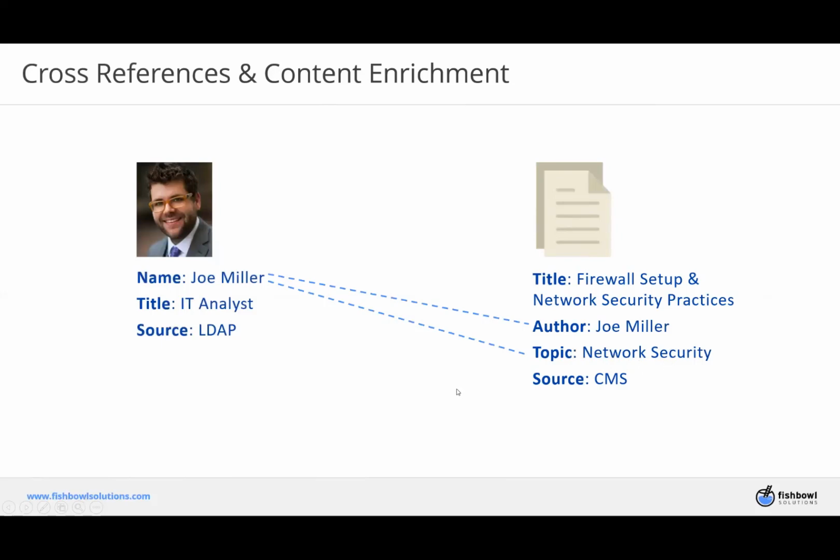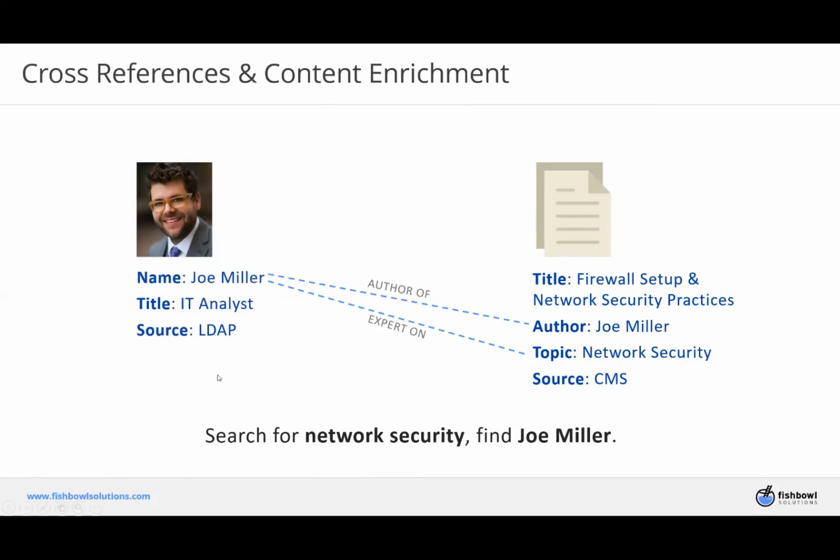This is a document about network security. By cross-referencing and enriching this data and this data together, I can see that Joe is the author of this document. Joe is an expert on network security. And what that enables me to do is search for network security and find Joe in the experts section.